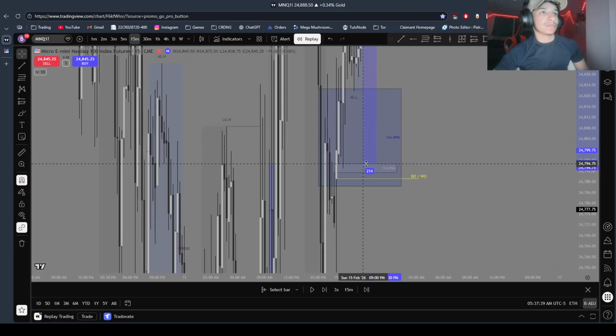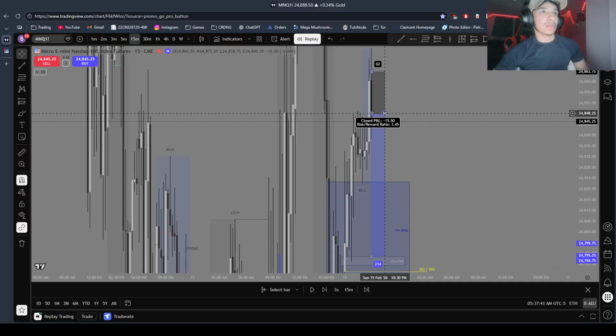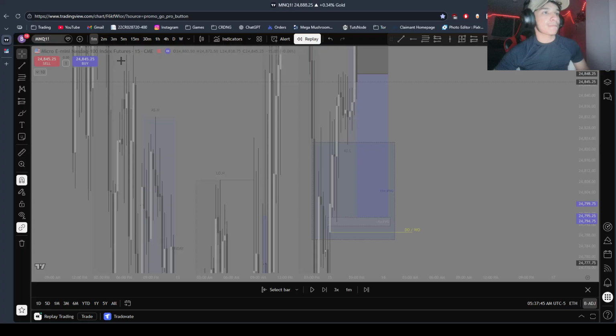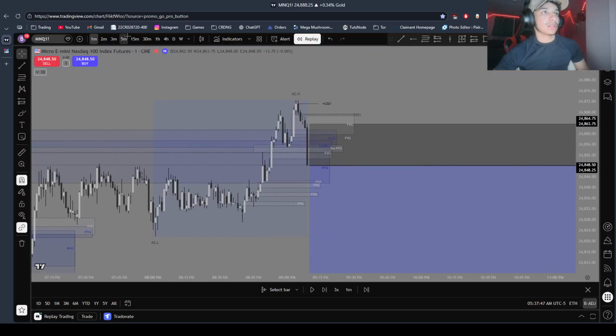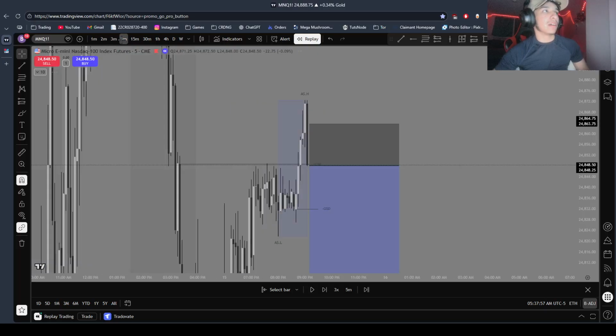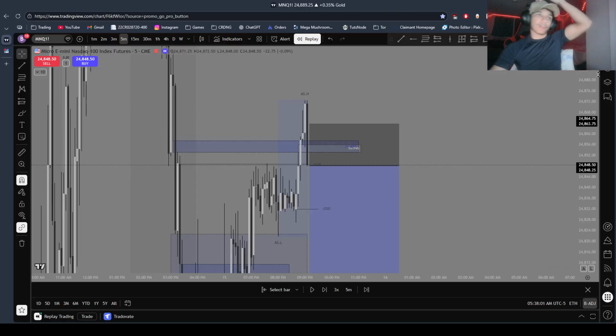This was initially what I wanted to do. Once we get that inverse, I believe we get it on the 1 minute, but 1 minute is playing into the 2 minute, 2 minutes into the 3 minute, and 3 minute into the 5 minute. So the 5 minute was the highest time frame fair value gap and the highest inverse.